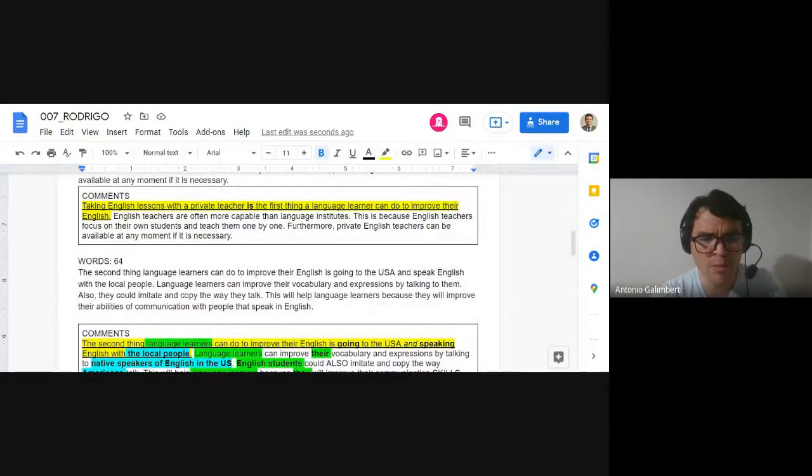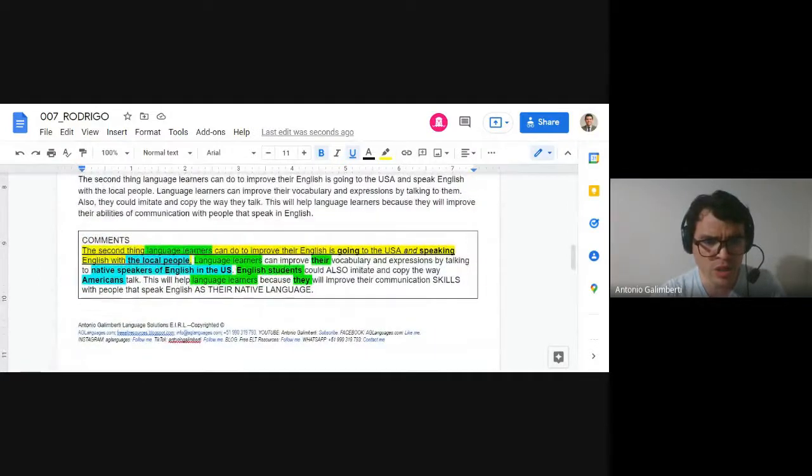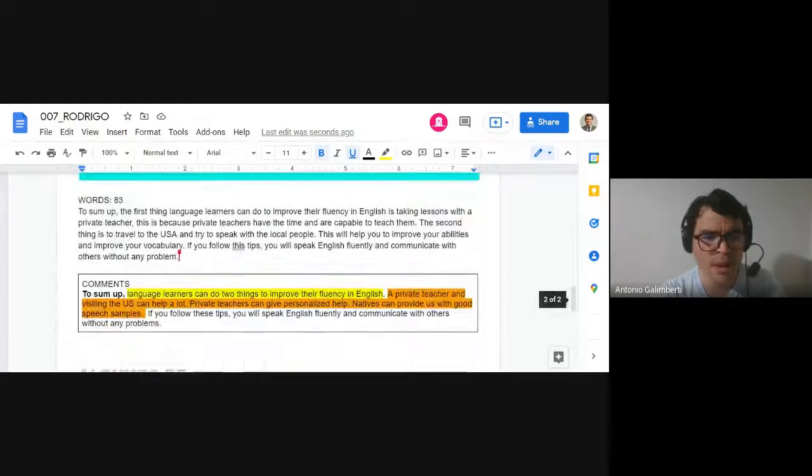Taking lessons with a private teacher is the first thing, language learner, again, language learner, we want to change that. English teachers are often more capable, yeah, teachers, and you're not talking to me, you see. So here you also have they, language learners, language students there. But here, all of a sudden, we have included you. Yeah, natives can provide us with good. Yeah, if you, yeah, you see.